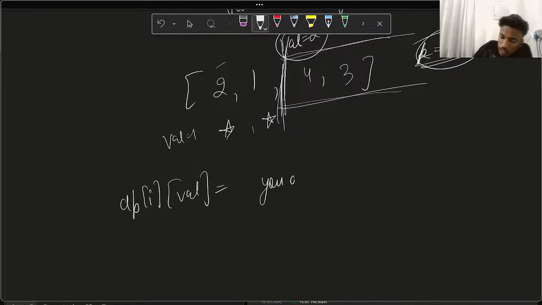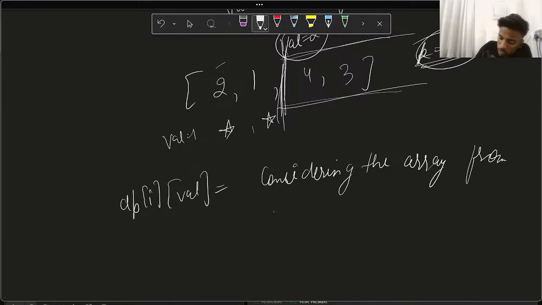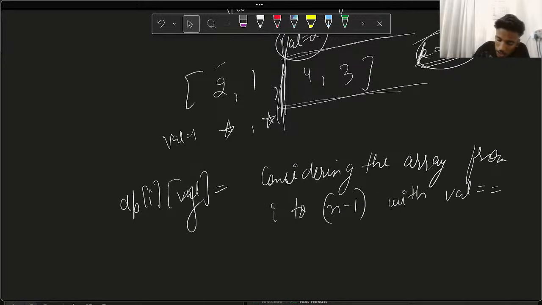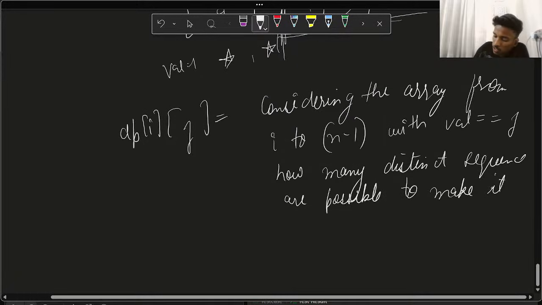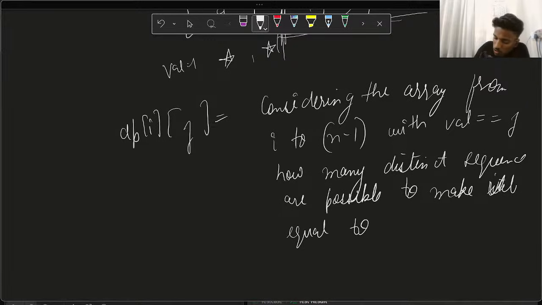You are at an index I, considering the array from I to n minus 1, with val equal to j, how many distinct sequences are possible to make val equal to k, finally.